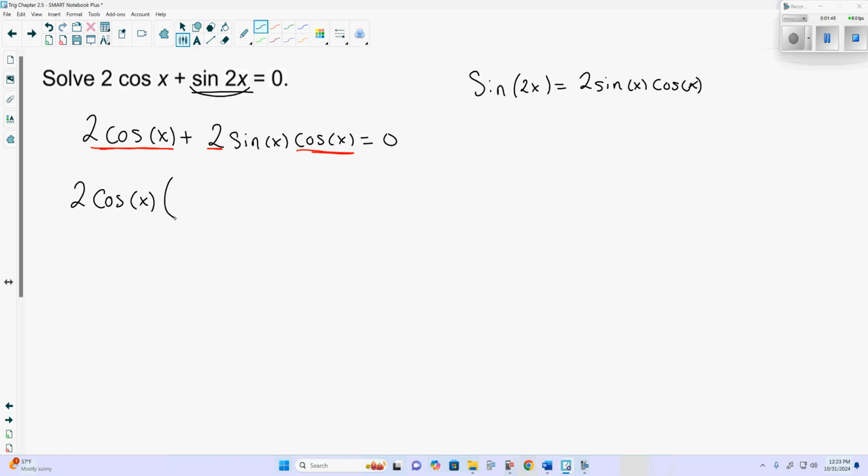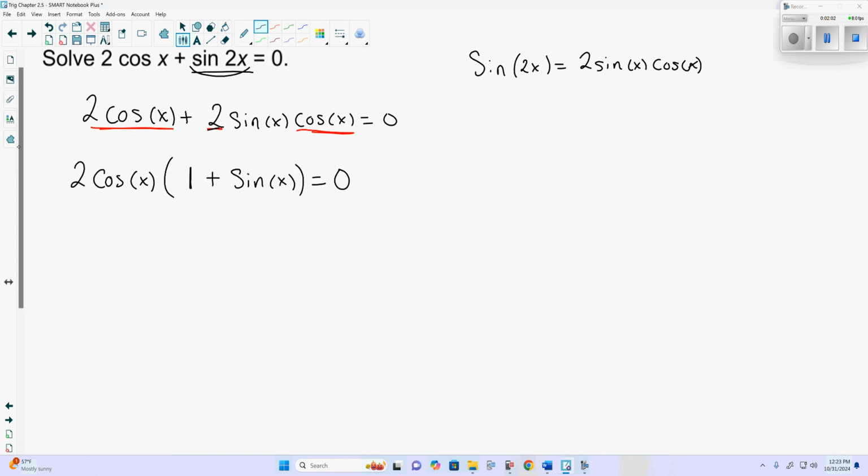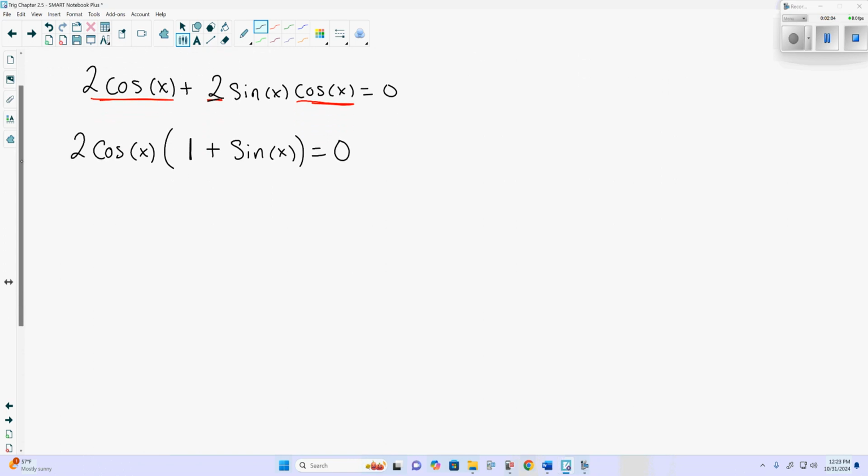And since it has it in common in both terms, we can factor this out. Because if we factor the 2 cosine of x out of 2 cosine of x, we're left with 1. Plus, the 2 factors out, leaving us with just sine of x is equal to 0. Questions on this so far?